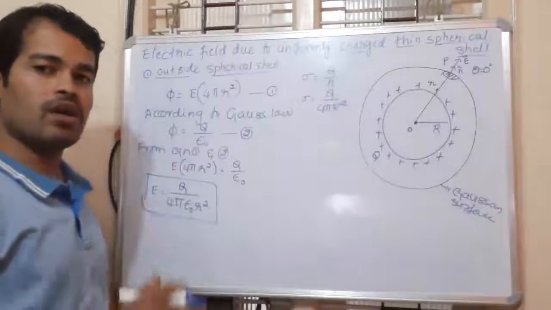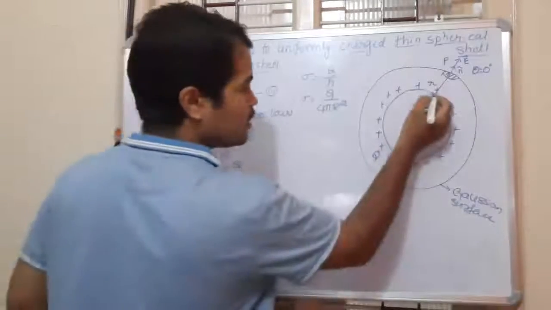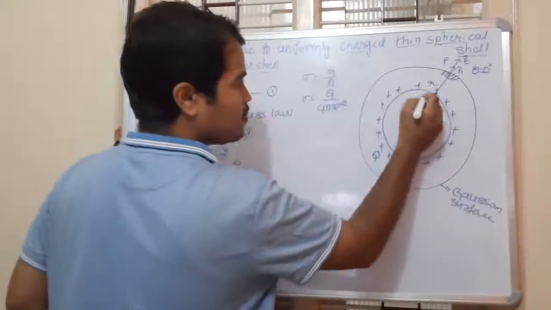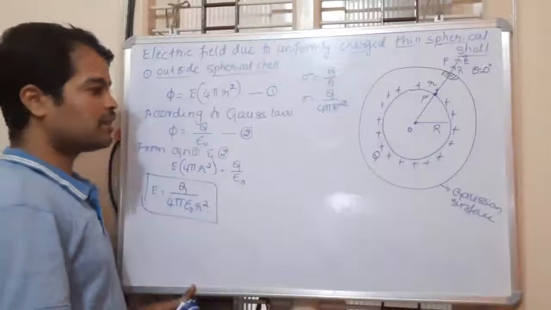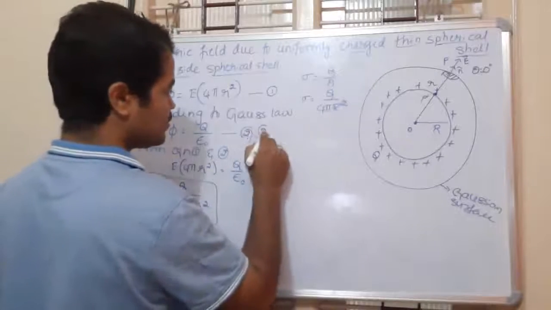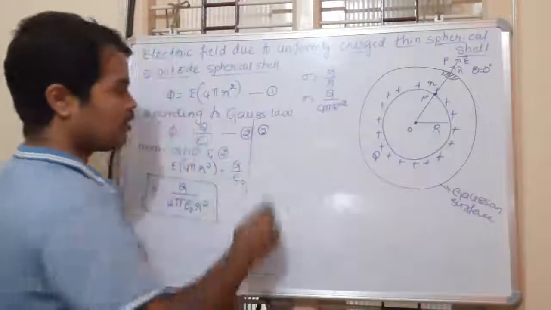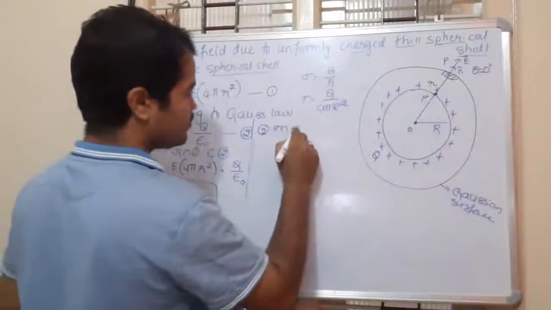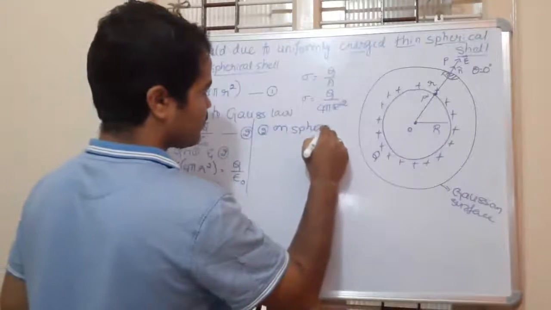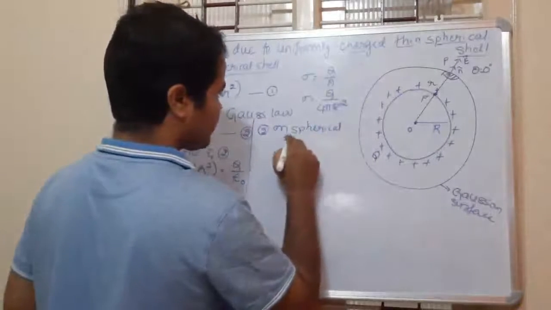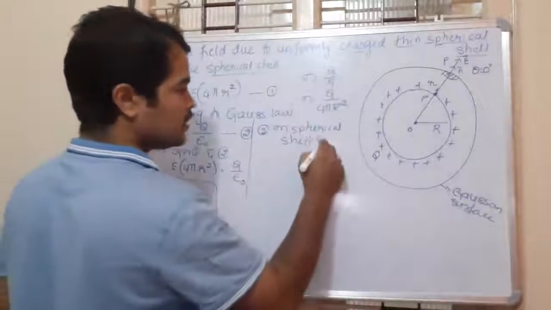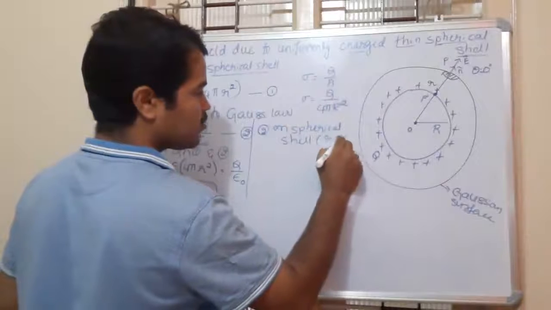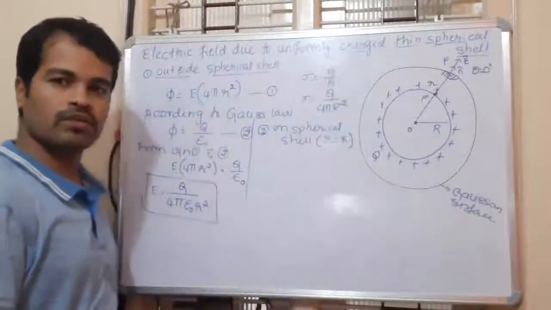Now we consider a point on the spherical shell, which we call point P prime. Now on the spherical shell, capital R must be equal to small r, right? Both are equal.